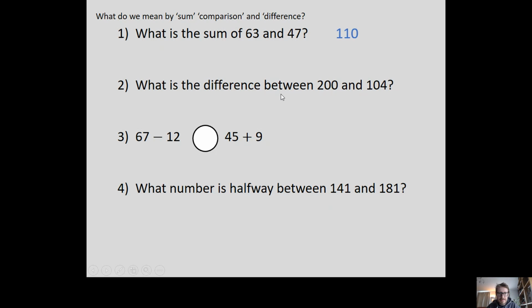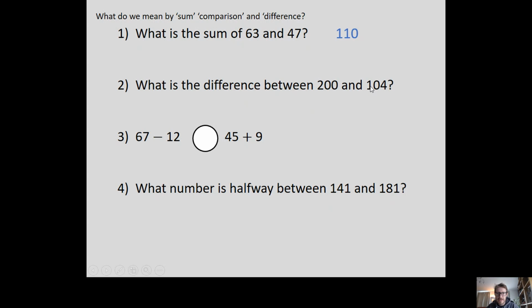What is the difference between 200 and 104? Now, when we say find the difference, we don't mean point out differences like this has a 2 in the hundreds column and this has a 1 in the hundreds column, or this has 0 in the ones and this has 4 in the ones. It's not finding those differences. It is a calculation that you have to do. It is how far apart these 2 numbers are from each other.